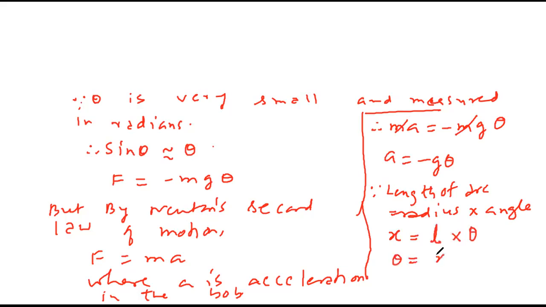So theta equals x by L. So a equals minus g x upon L. Is g constant or variable? Constant. And length of string is also constant. So that means here g and L are constants.